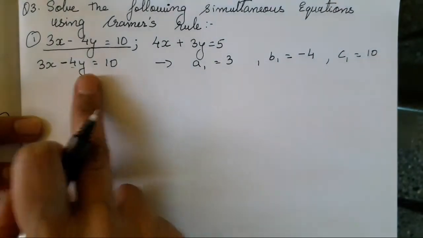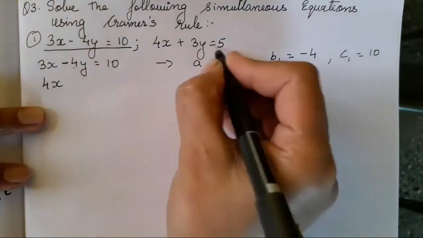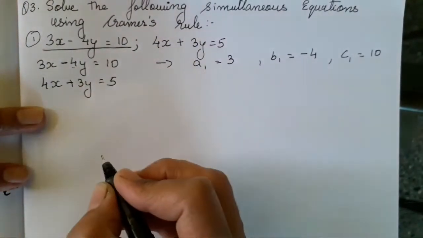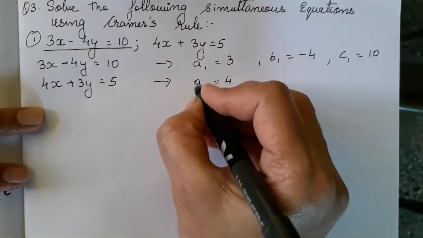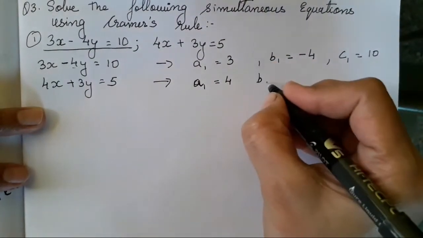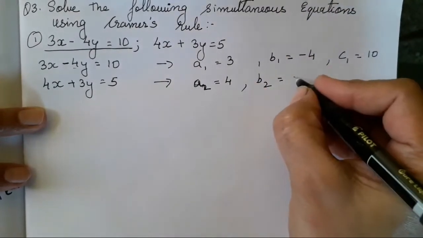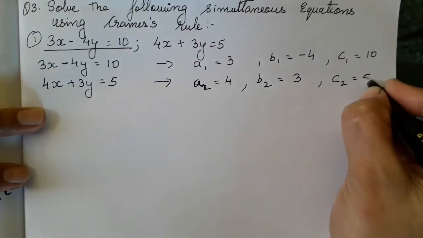Okay, is it easy to write it? So the next one is this equation, that is 4x plus 3y is equal to 5. Okay, now over here A2 is 4, B2 is going to be 3, and C2 is going to be 5.